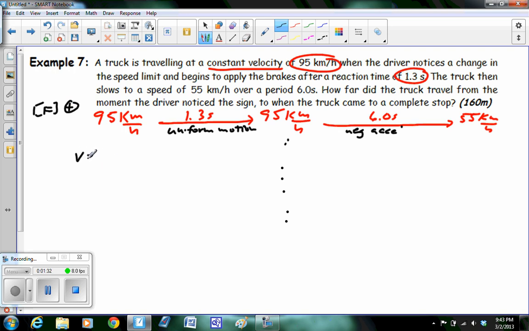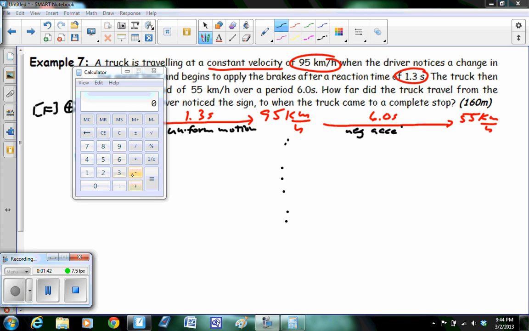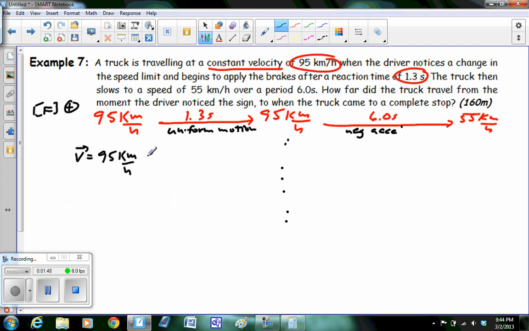So here, my velocity is 95 kilometers an hour. And 95 kilometers an hour is going to be, let's see here, 26.4 meters per second.